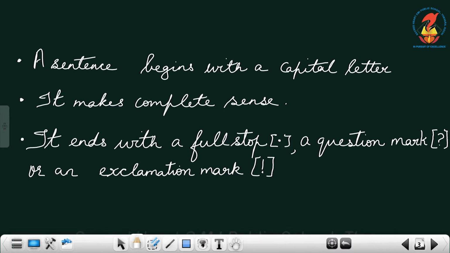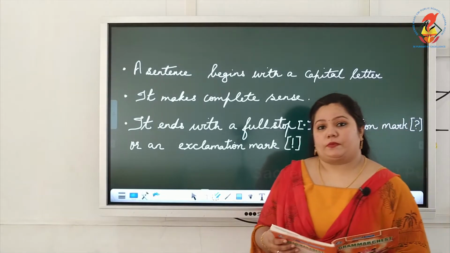Then, it always ends with a full stop, a question mark or an exclamation mark, depending upon the kind of sentence that you are writing. So these are the prerequisites, or the features, of a sentence. It begins with a capital letter, it makes complete sense, and then it ends with a full stop, a question mark or an exclamation mark, right?